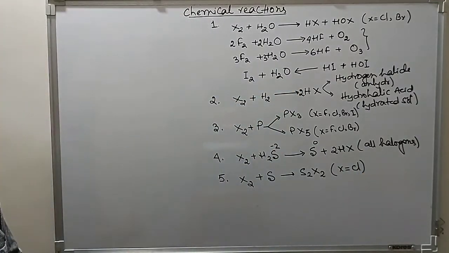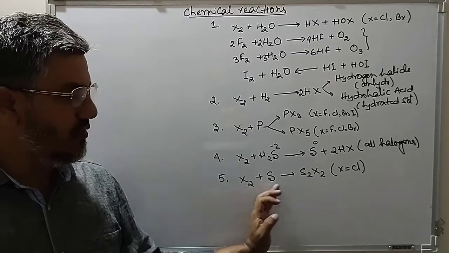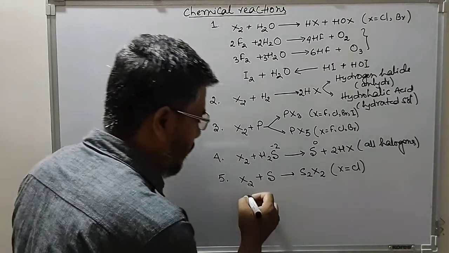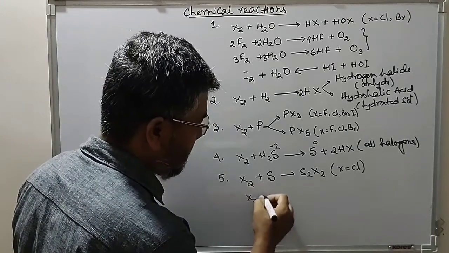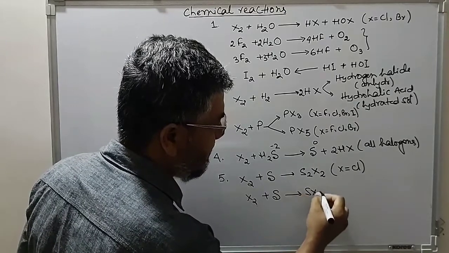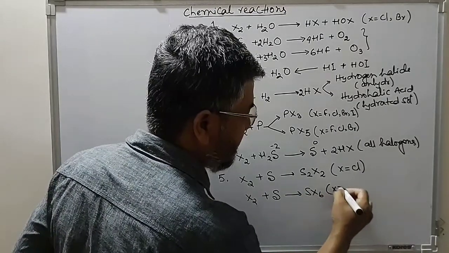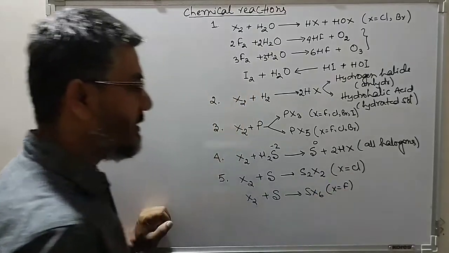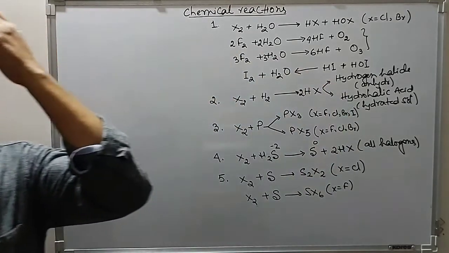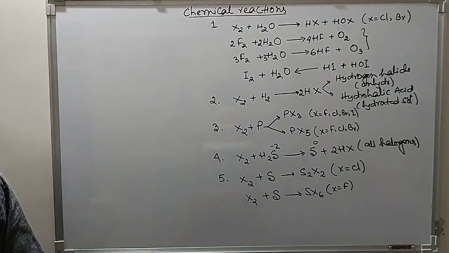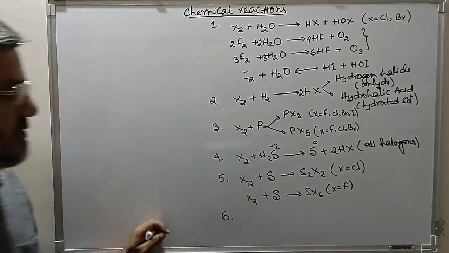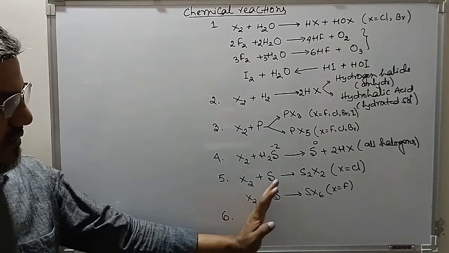So chlorine reacts with sulfur to give you S2Cl2, whereas fluorine reacts with sulfur to give you SF6, sulfur hexafluoride. This is the reaction of halogens with sulfur.